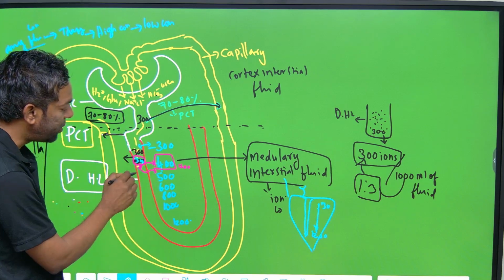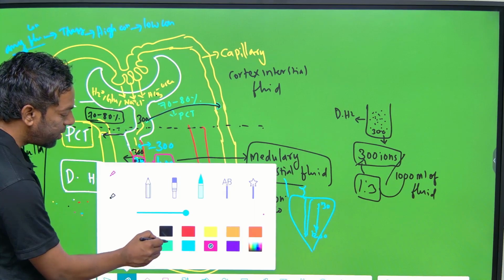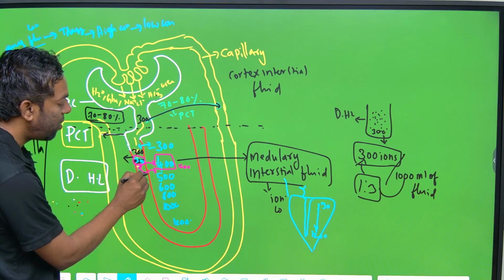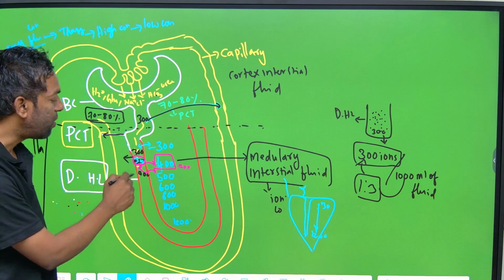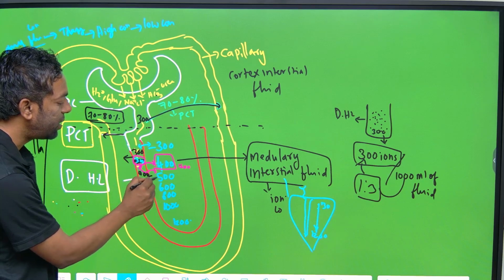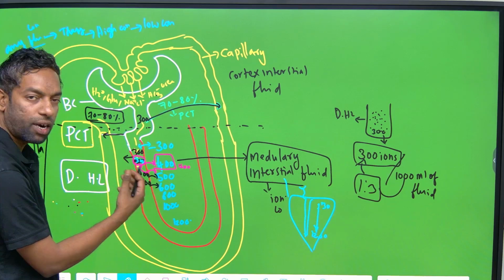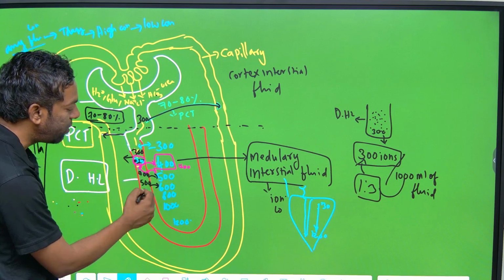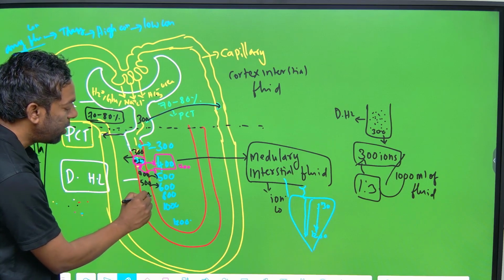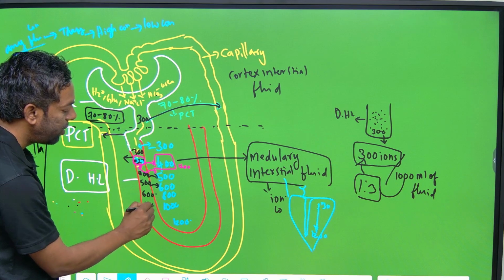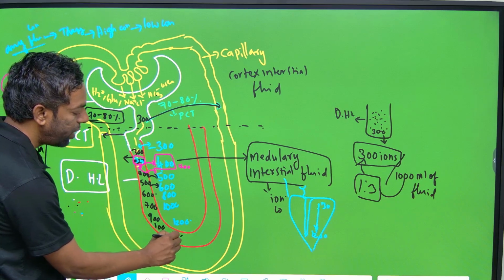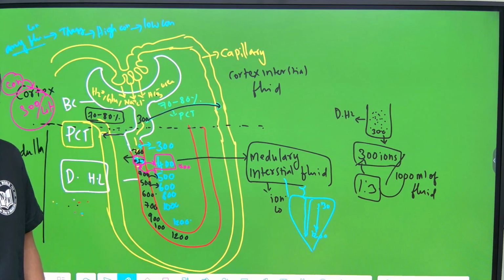If the water is lost here, what is going to happen? The concentration increases. If the water is lost here, the concentration increases like this. Water is reabsorbed, transferred into the medullary interstitial fluid, and that leads to the concentration increasing here: 700, 900, 1000, and finally 1200.